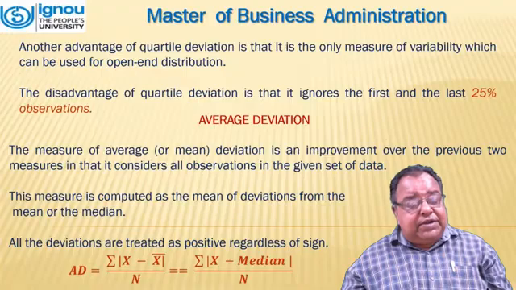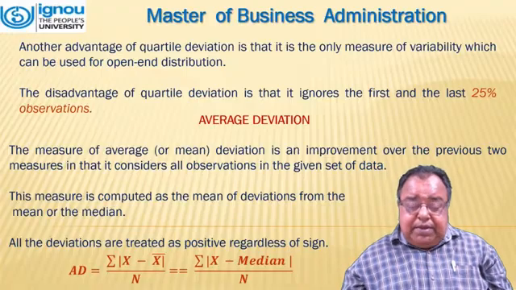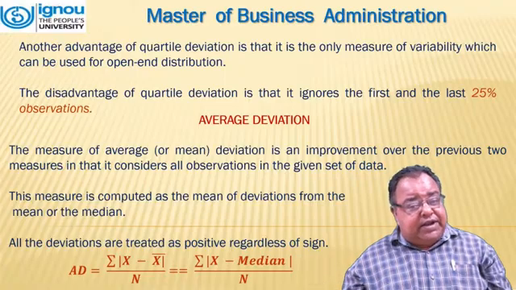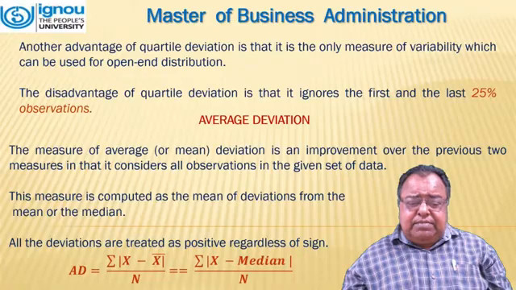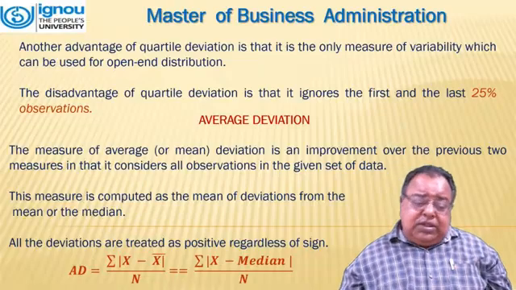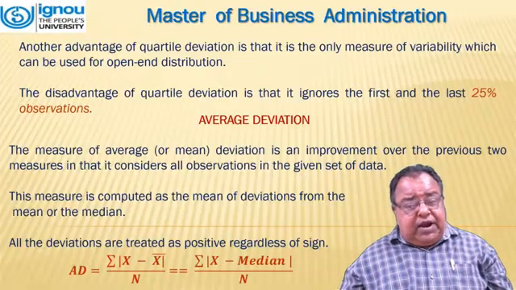Then comes average deviation. The measure of average deviation is an improvement over the previous two measures, as it considers all observations in the given set of data. This measure is computed as the mean of the deviations from the mean or from the median. All the deviations are treated as positive regardless of the sign.